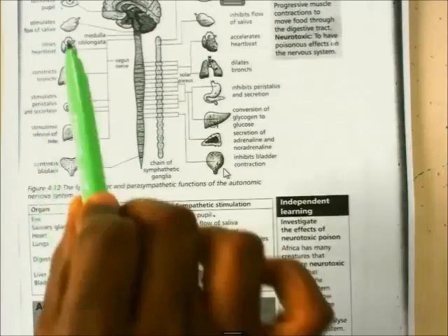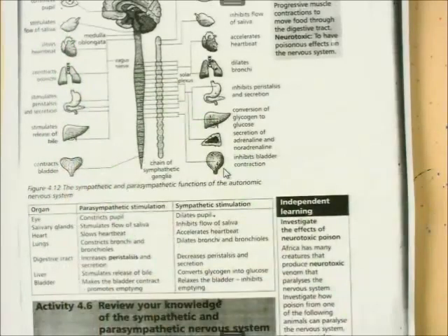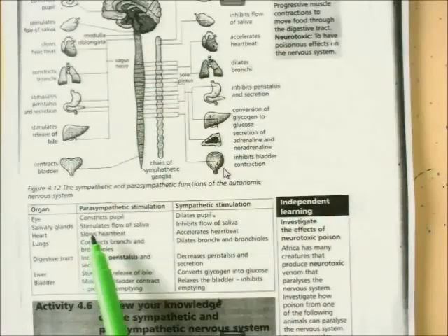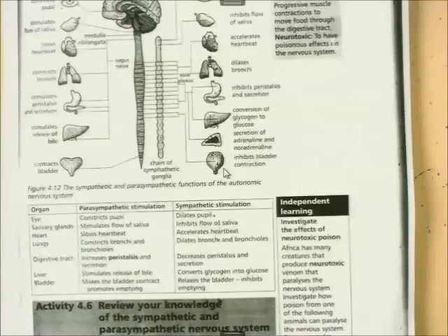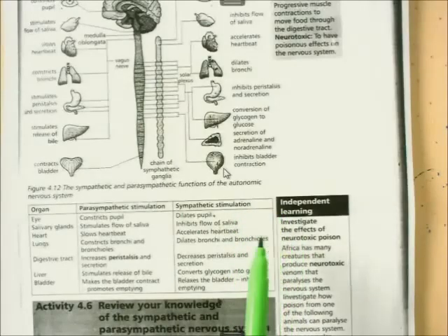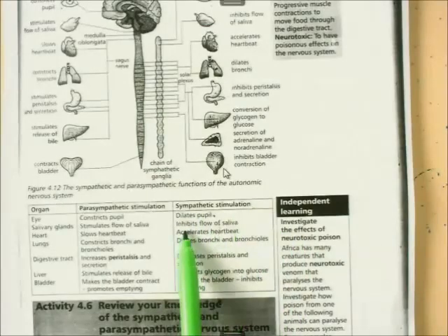So now, here again we have the salivary glands. The parasympathetic stimulation stimulates the flow of saliva, while the sympathetic stimulation will inhibit the flow of saliva.